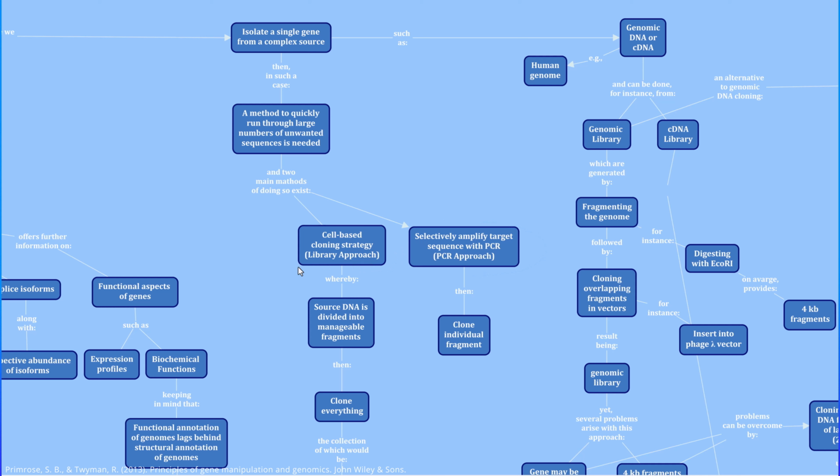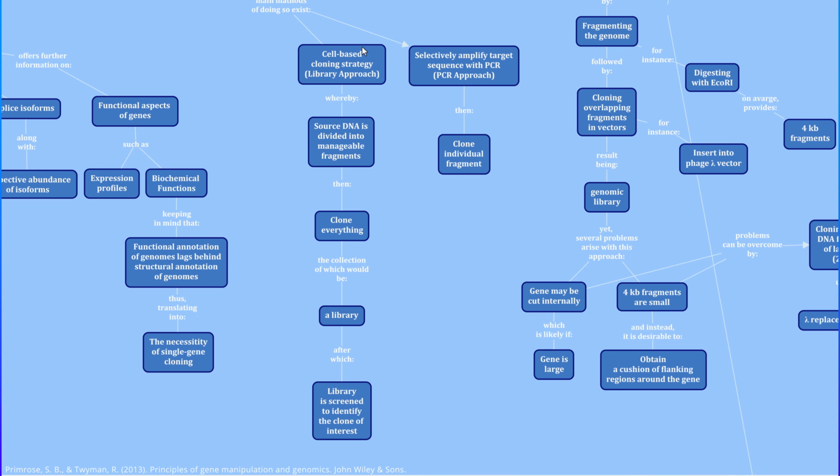And so in the cell-based cloning strategy or the library approach, the source DNA is divided into manageable fragments, and then we clone everything.